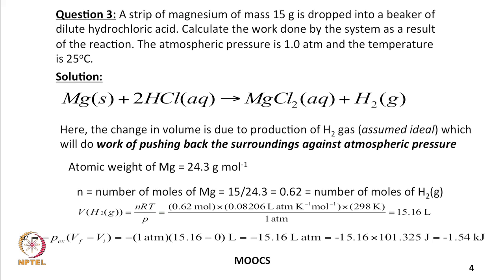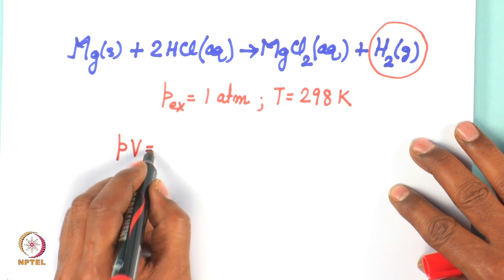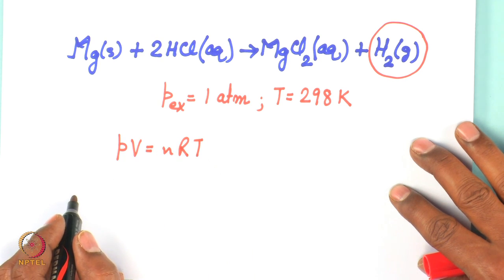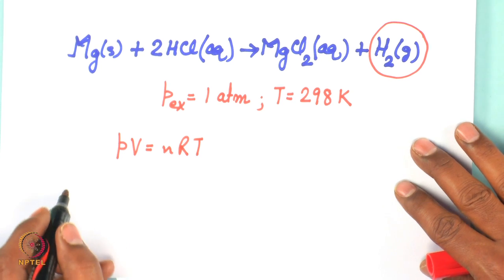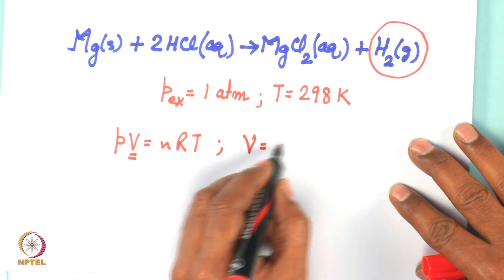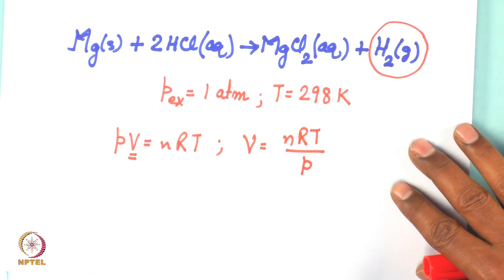How do we get the volume of the gas? If we assume this as an ideal gas, then we can use the ideal gas equation PV is equal to nRT, and the volume is equal to nRT by P.